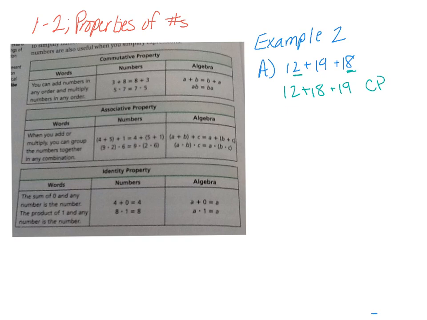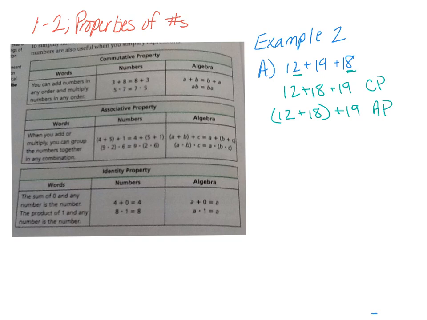And I'm just going to put CP, and I'm fine if you do that as well. Then I want to add 12 and 18 first because that's the easiest 2 to add. So I'm going to put those in parentheses, which tells me to do that first. The associative property tells me that I can put those in any order and add.